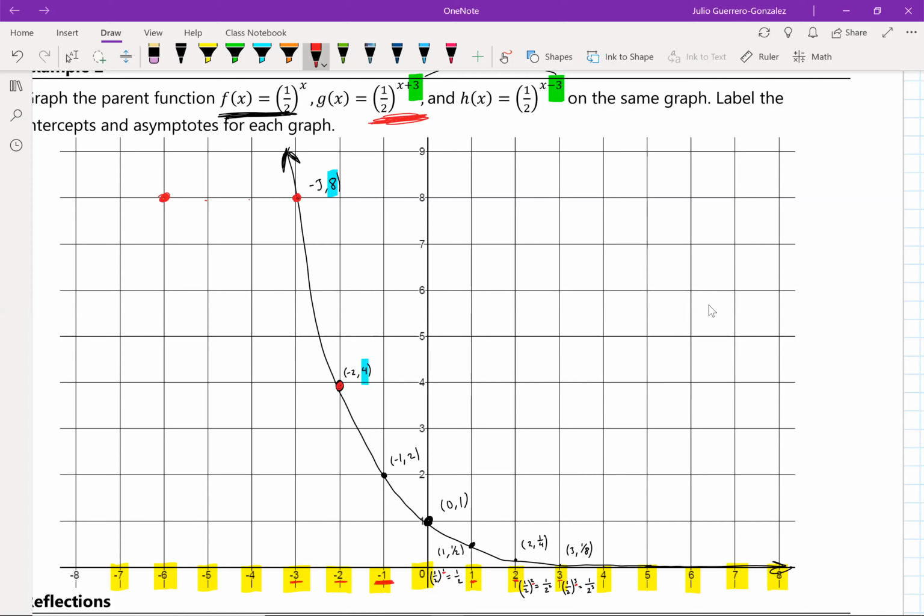To the left 3 units. Everything gets shifted over. 1, 2, 3. Did that move the asymptote at all? Nope. The asymptote actually stays. So essentially, once you do all the work for the first one for f of x, everything else kind of solves itself. Exactly. All you got to do is follow whatever the equation says to do, either a shift left or a shift right.